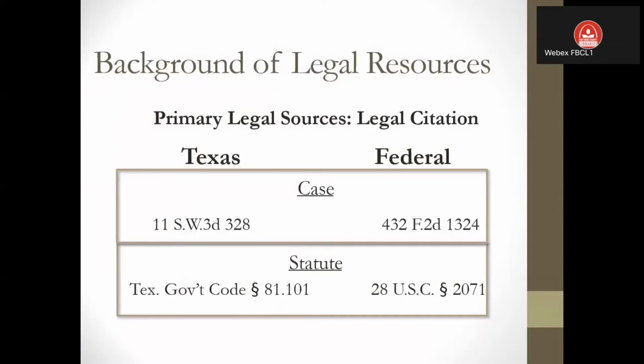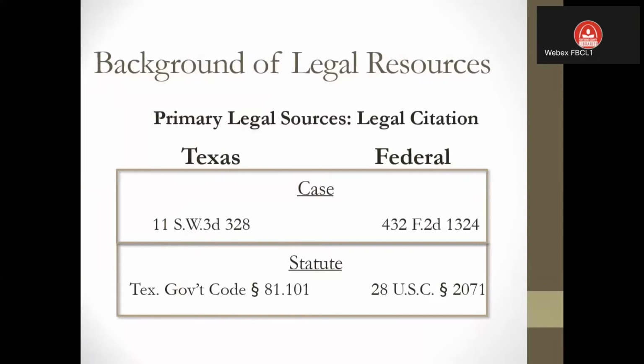Statute? I guess it depends. A lot of times, if you're looking for statutes and codes, you're probably going to narrow it to the specific code, like the Government Code, that particular section. You may not be narrowed to a specific code number when you're doing legal research. But a lot of times you'll know.